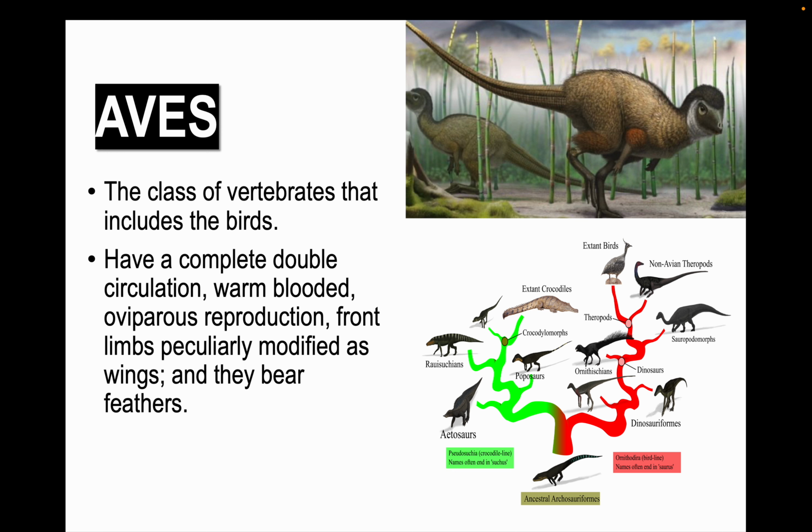Now let's talk about aves, the class of vertebrates that include birds. No, some characteristics worth noting. Birds have a complete double circulation, meaning blood passes through their heart two times, no? Allowing them to distribute blood to locations depending on whether it's oxygenated or not.